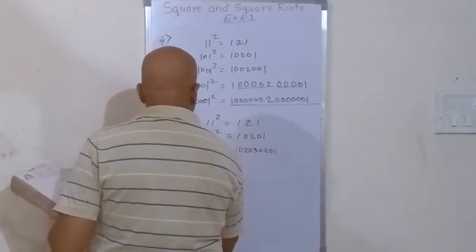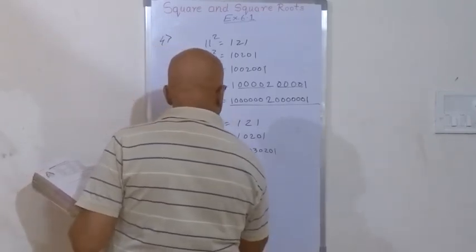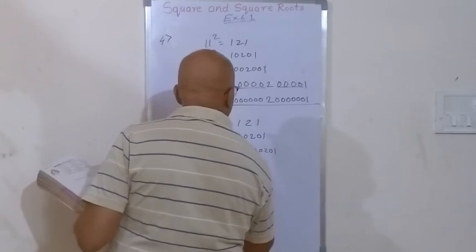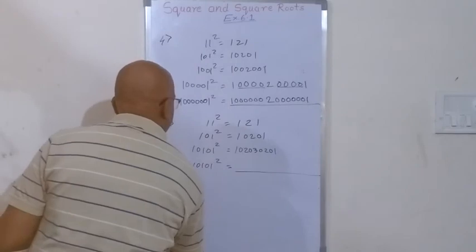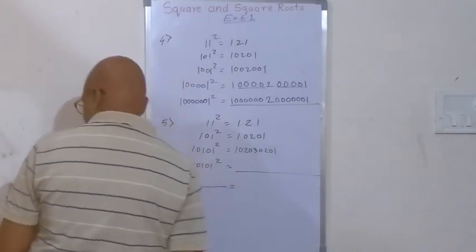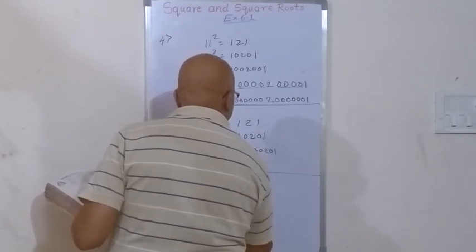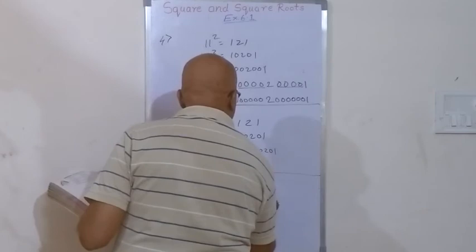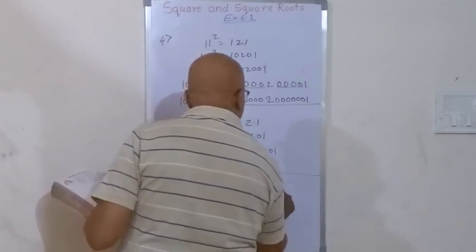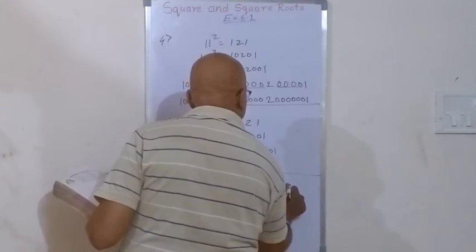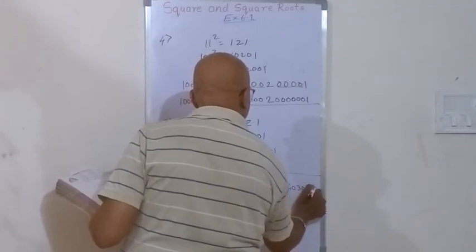1010101 square is equal to the fill in the blank, and after that, fill in the blank is here equal to, 1 square is given here, 10203040504030201.